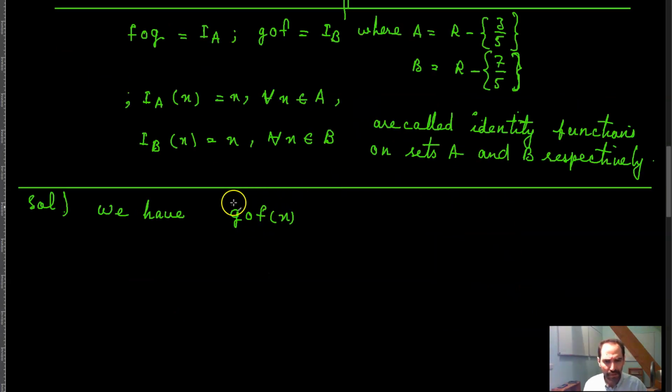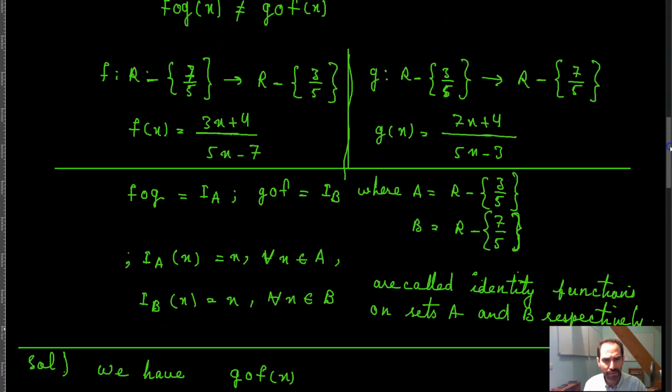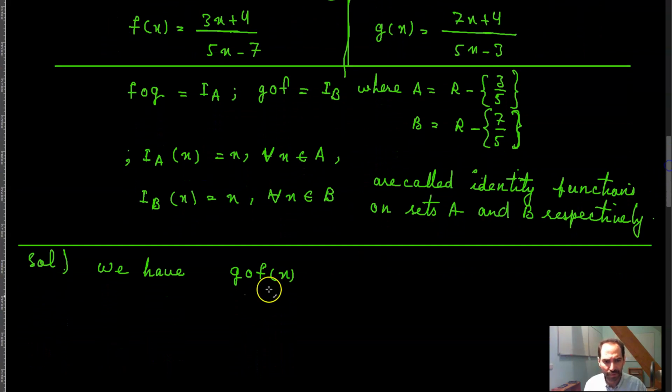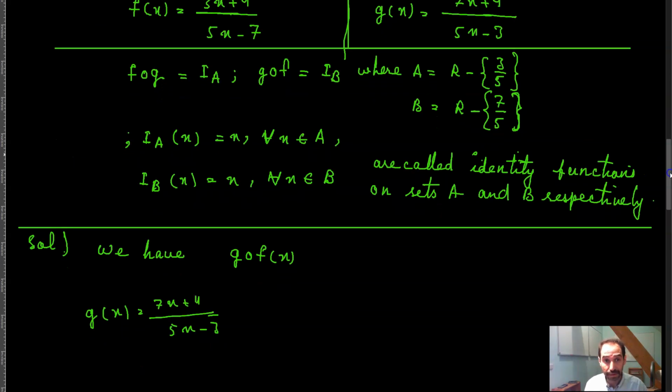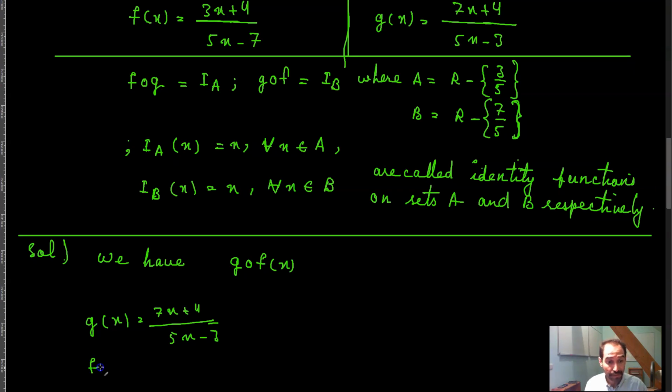Okay, so if I calculate g of f of x here, g of x is equal to (7x plus 4) over (5x minus 3), and f of x is equal to (3x plus 4) over (5x minus 7).